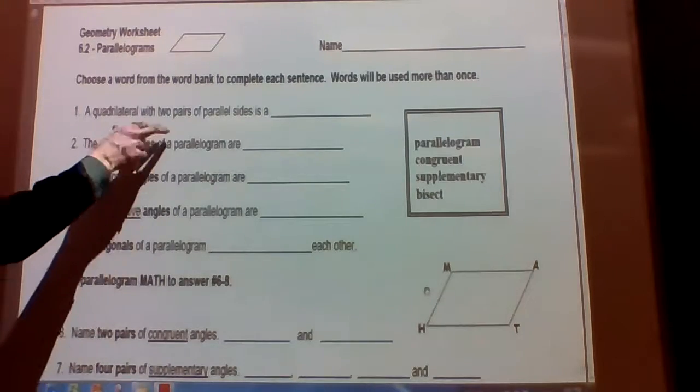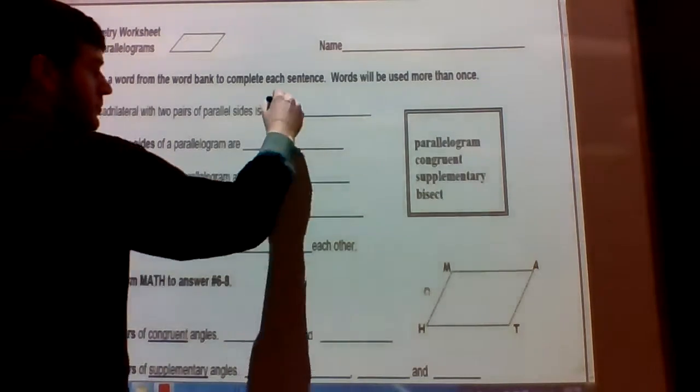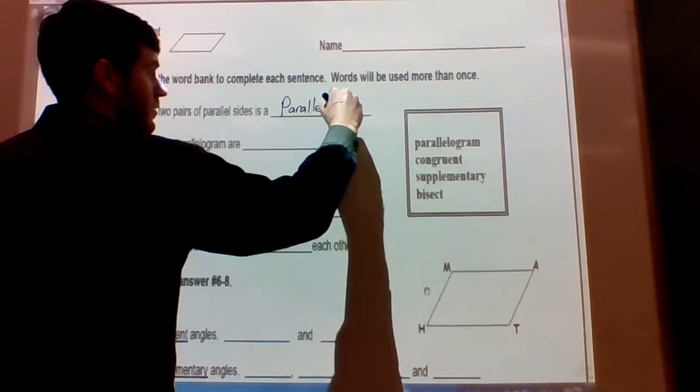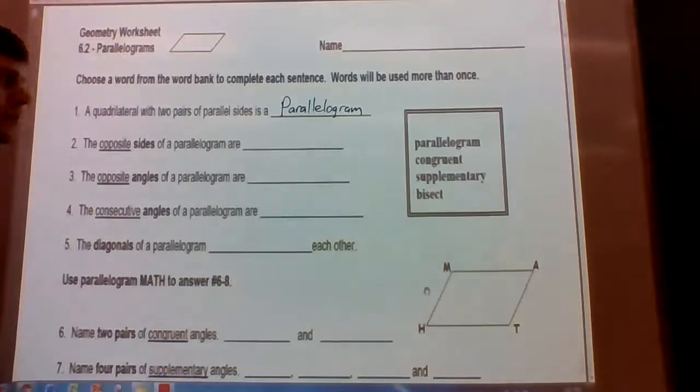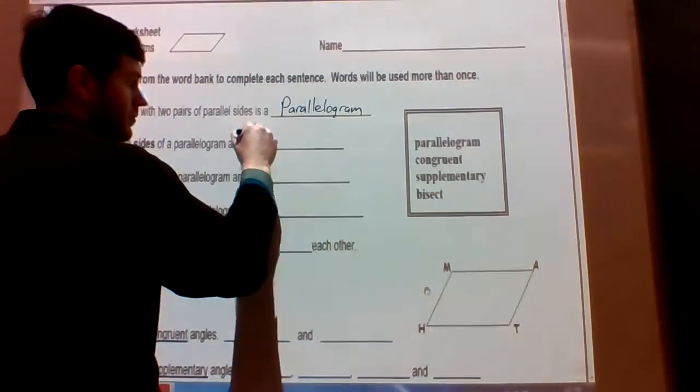So the first one here, a quadrilateral with 2 pairs of parallel sides is a parallelogram. And that's how we define a parallelogram, as a quadrilateral with 2 pairs of parallel sides. The opposite sides of a parallelogram are going to be congruent.